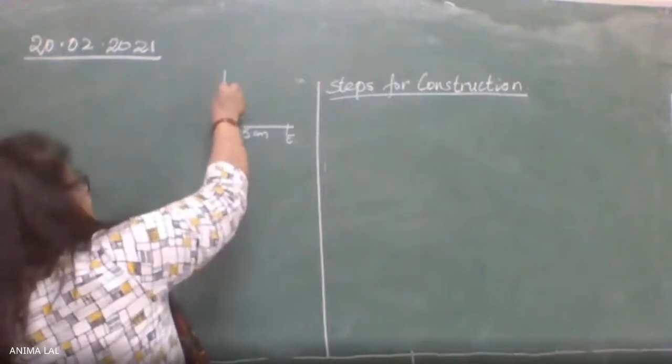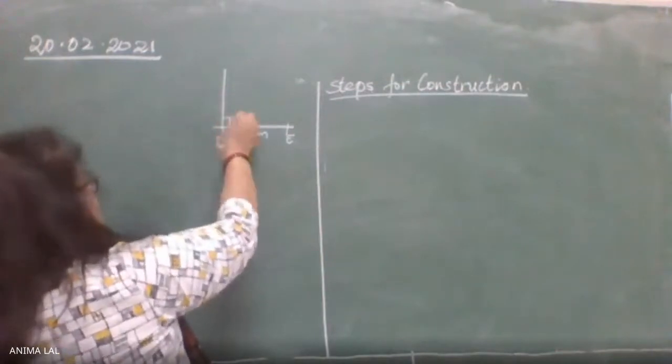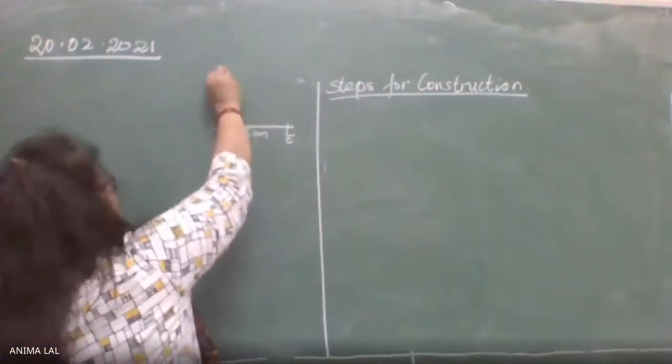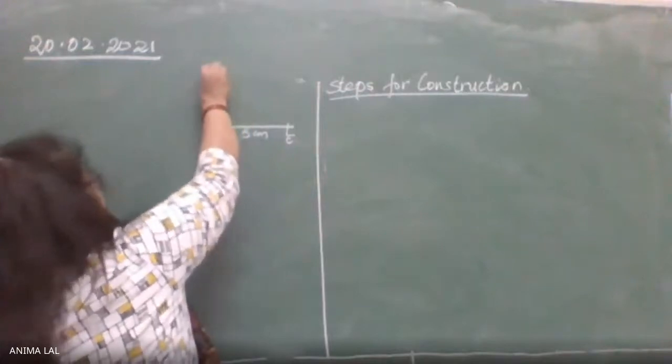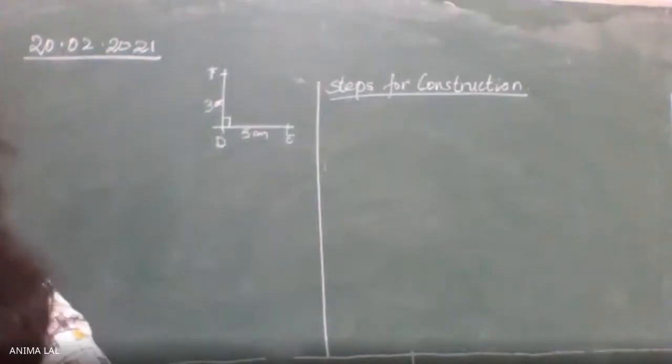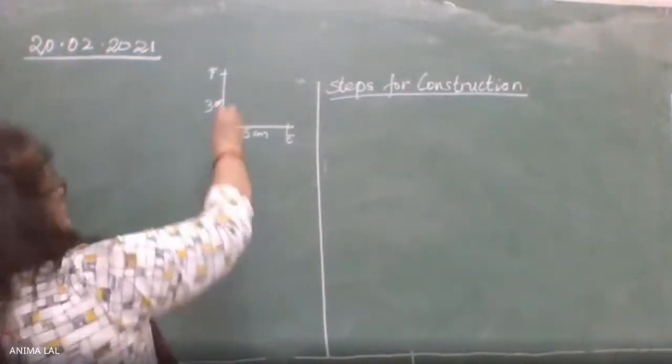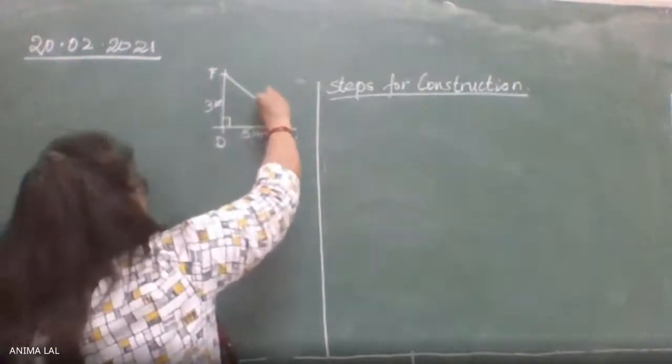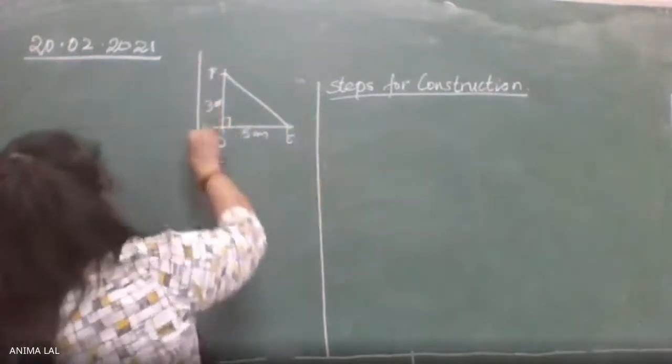This is angle D, which is 90 degree. And we have DF, which is 3 centimeter. If I join F and E, I will get a triangle.